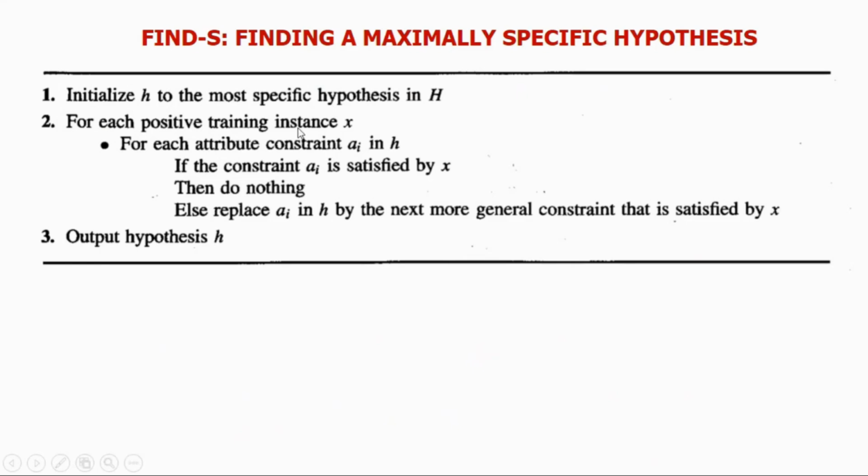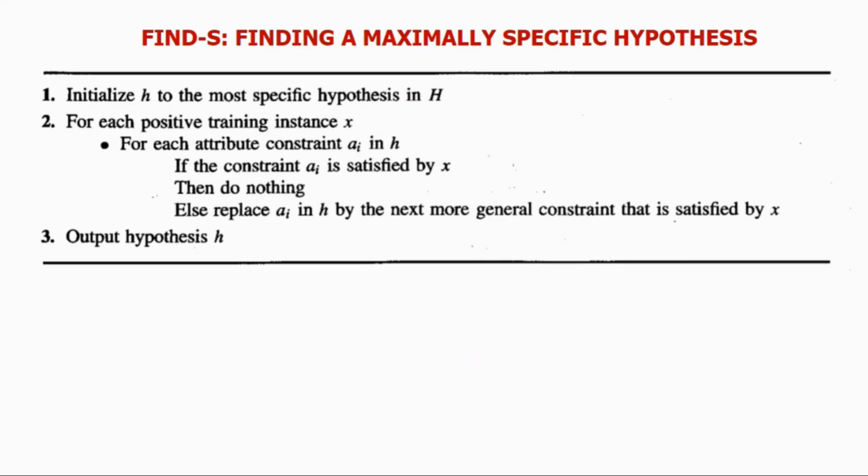For each positive training instance x, we have to take up the given training examples one by one. For each attribute constraint in that example x, we take the constraint value, and if the constraint is satisfied by x, then do nothing. Suppose in our most specific hypothesis the values are satisfied by the instance, we need not do anything.